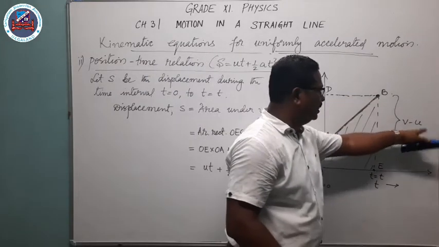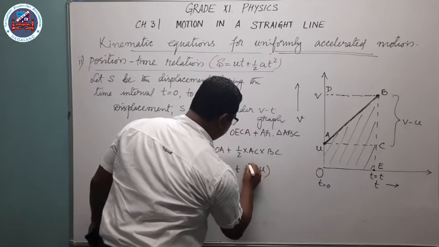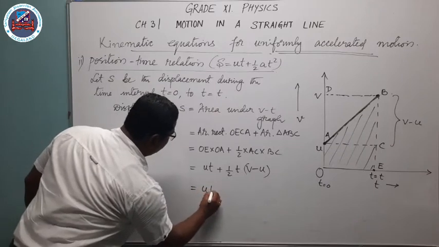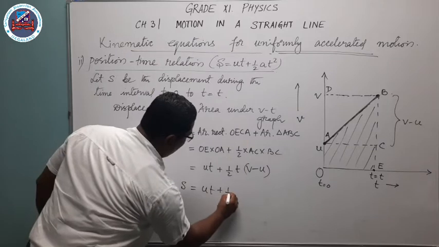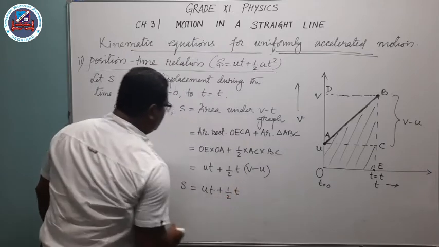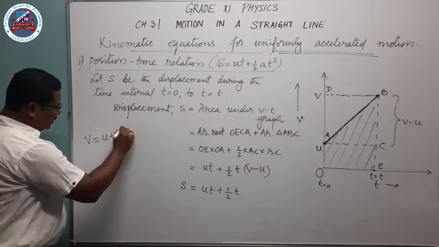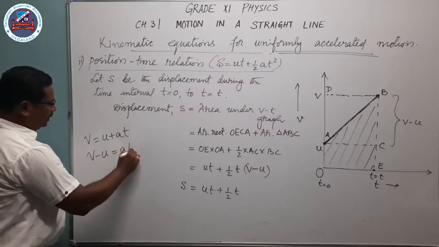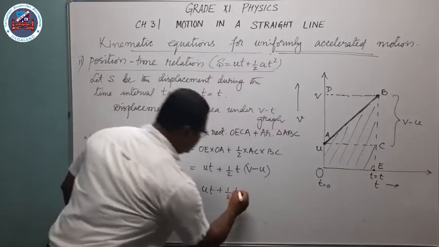BC is V minus U. Now in this case, UT, we are doing for displacement, this side is S, plus half of T into V minus U. From first equation of motion, V is equal to U plus AT, so V minus U is equal to AT. This V minus U, you can put it as AT.